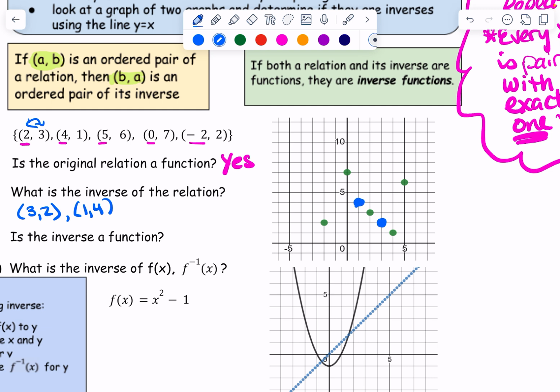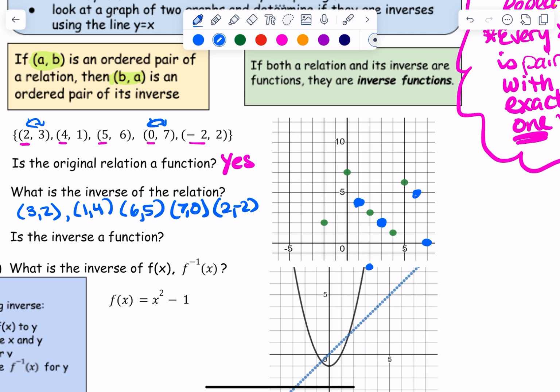The next one would be (6, 5). The next one would be (7, 0). We're just changing these, remember, you guys. And then (2, negative 2). That one is going to be down there.